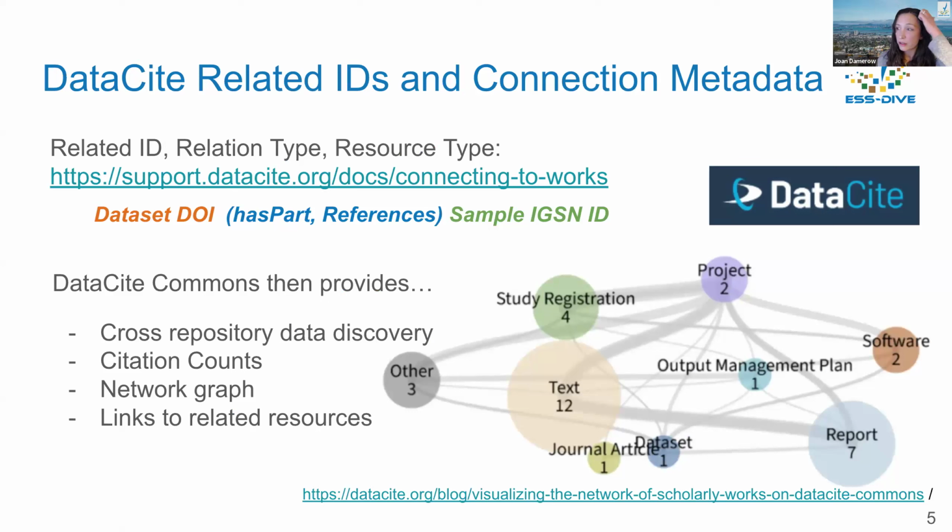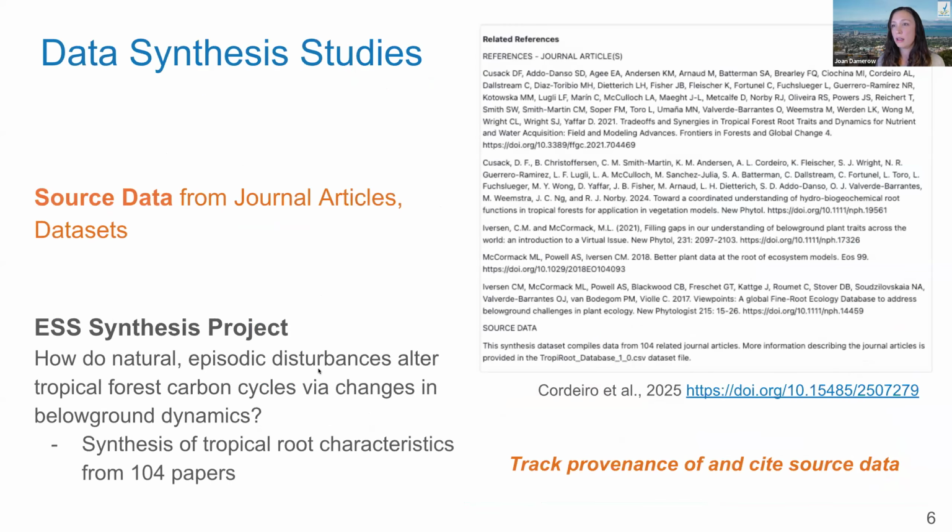You might have a network graph that could look something like this, but it often doesn't, because a lot of systems aren't currently reporting related identifiers. And you also see links when you're on, for example, a data set page in DataCite Commons, you'll see links to all the related resources and the abstracts there. So that's really useful to us and to our projects.